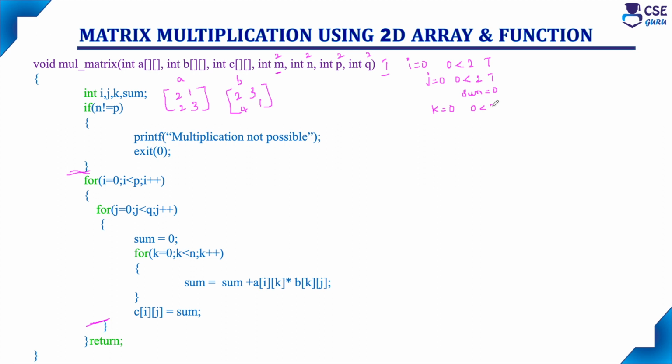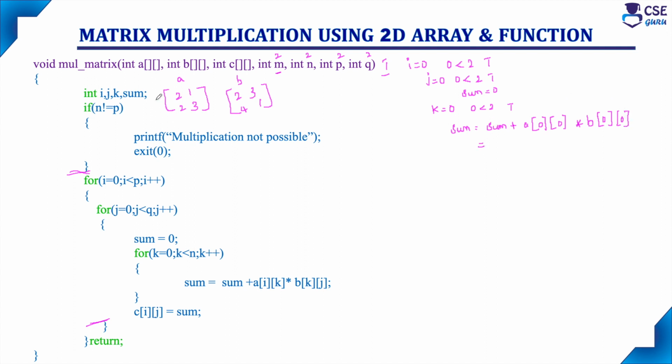0 less than 2, condition is true. Then sum is equal to sum plus a of i k. So i value is 0 and k value is also 0, into b of k j. k is also 0, j is also 0. So here what will happen?